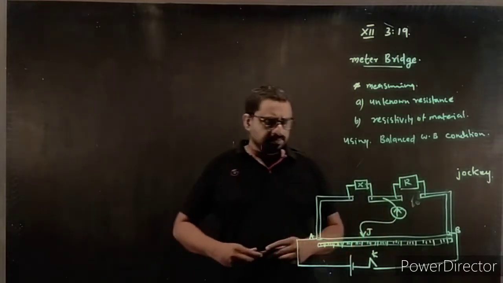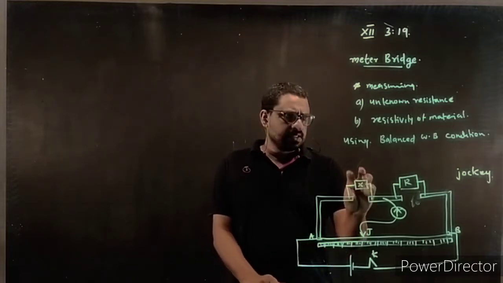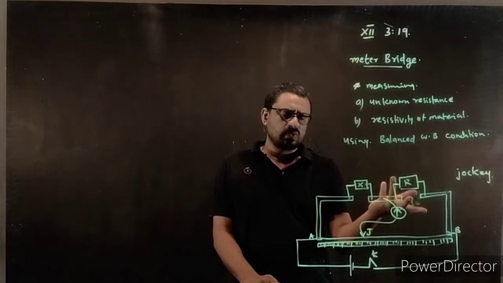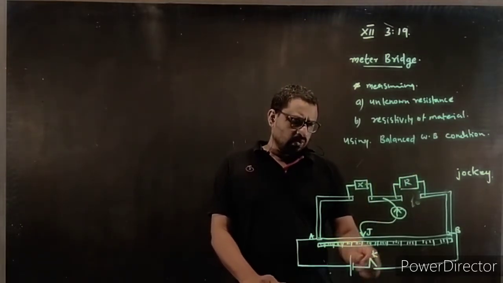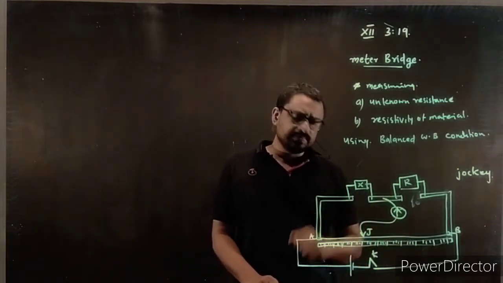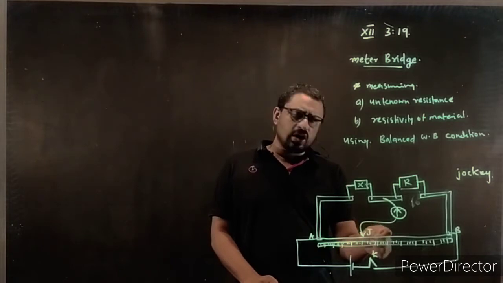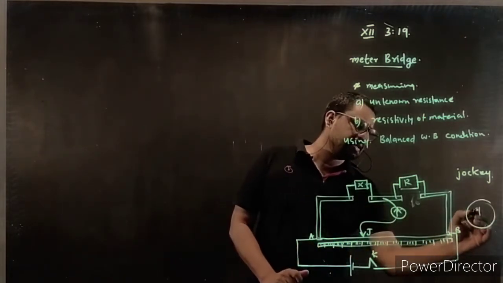Now what you have to do is connect the unknown resistance and the known resistance, whatever be its value. Now switch on the circuit, current will start to flow. Move the jockey, and you will find that the galvanometer has a scale like this.